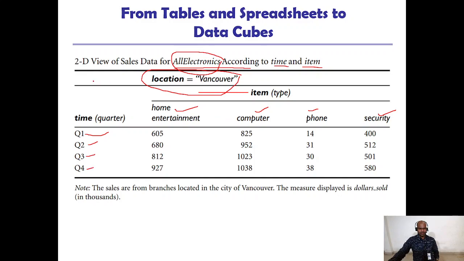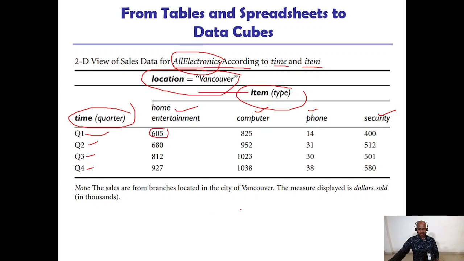This is a two-dimensional data representation, meaning it contains two dimensions: item type in one and time in the other. Suppose quarter one sales of home entertainment for location Vancouver is 605.